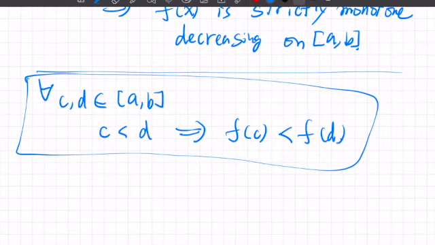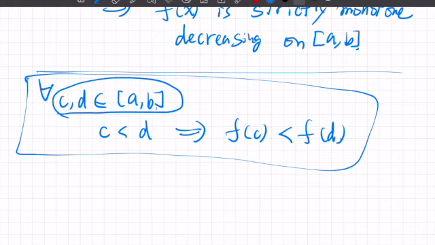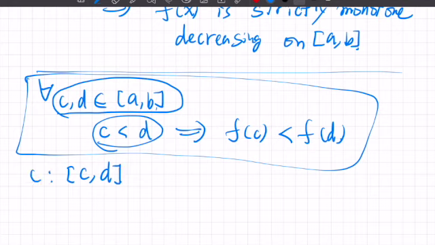Suppose C and D are picked from this interval, and assume C is less than D. This function f is of course continuous on this closed interval and differentiable on this open interval between C and D. So we can apply the mean value theorem.